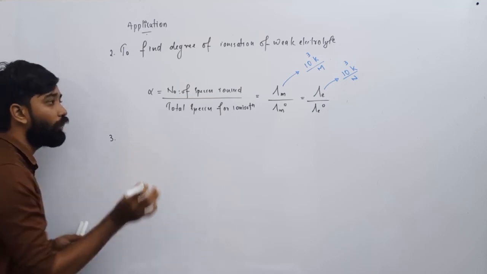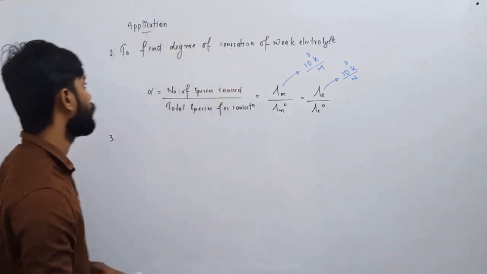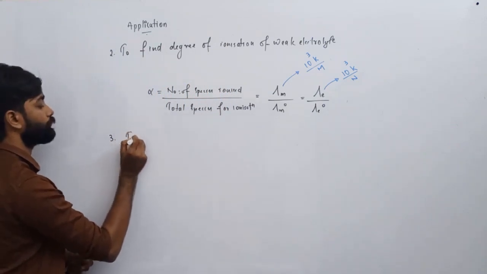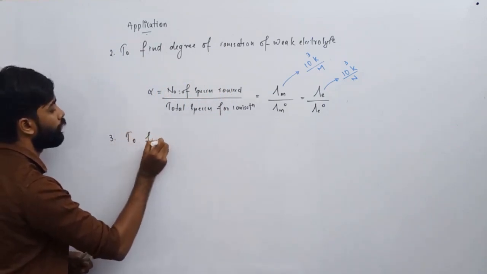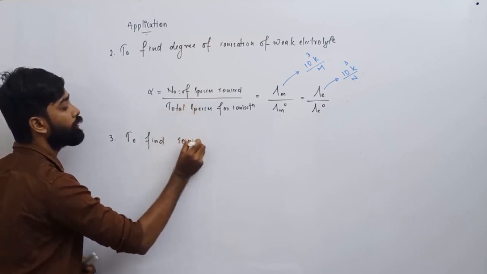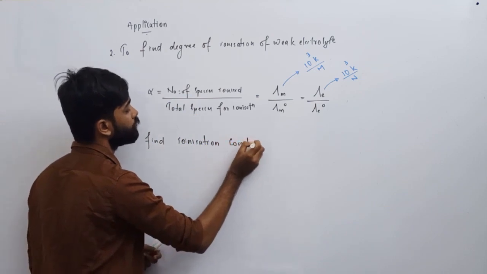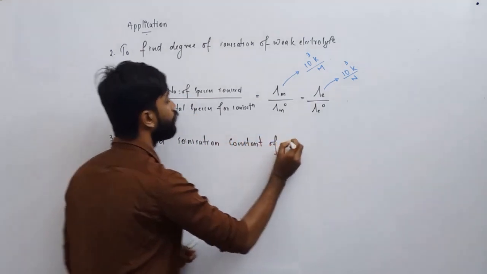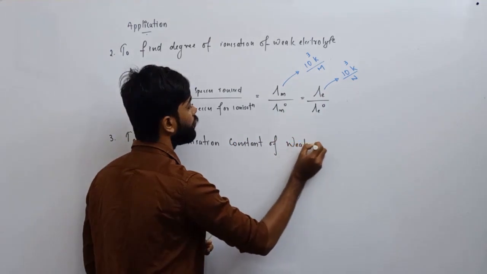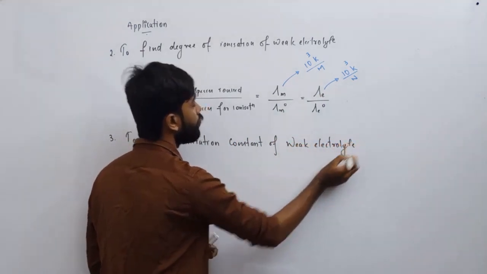Third one: if you have the alpha value, we can easily find the dissociation constant, right? To find the ionization constant of a weak electrolyte.